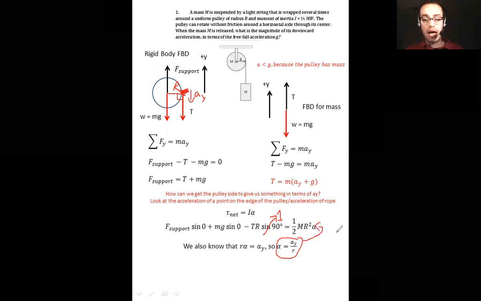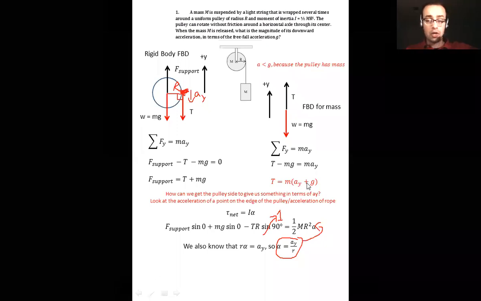Hey, I kind of like the looks of that. We're now getting close to something that we can actually evaluate, and we have this a sub y term. And that's going to get us to the point where we can have an actual system of equations, where we're going to have 2 unknowns and 2 equations, and we can solve, and we'll be very happy.